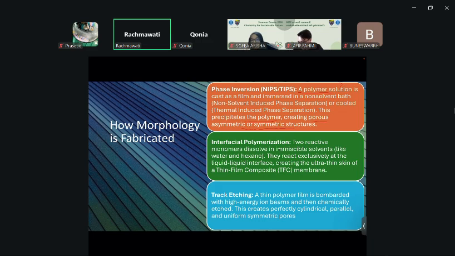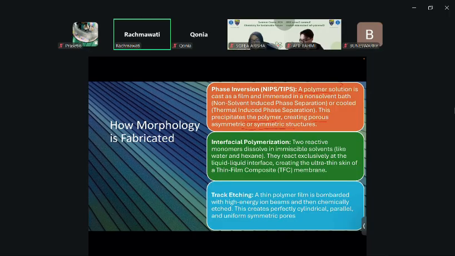It might be because the solvent leaves the polymer, or it's probably because you also add some porous agent, like a porogen. You add something to make pores in your membrane. And it should be something that is dissolved in the non-solvent. For example, if your non-solvent is water, then you might add, I don't know, polyethylene glycol in your system. So this polyethylene glycol will dissolve in water, leaving pores inside the membrane.